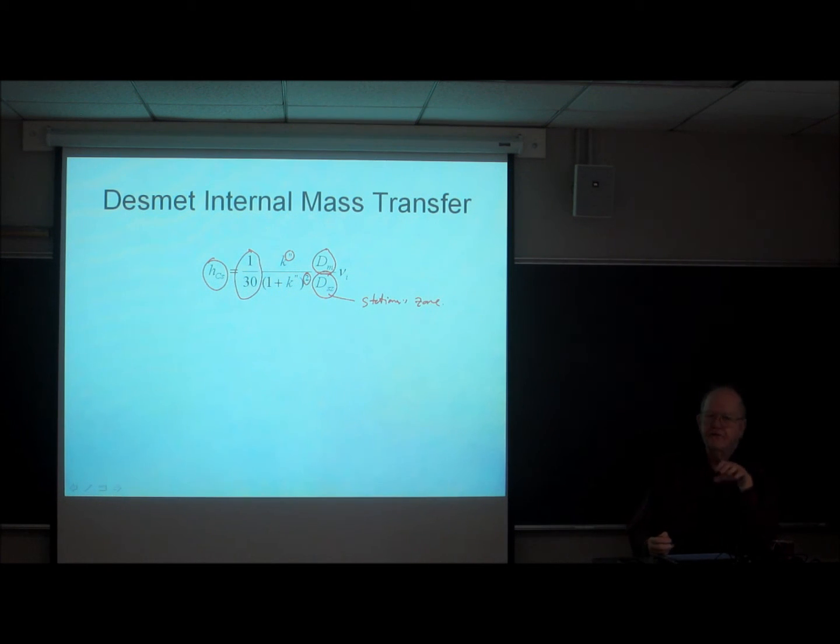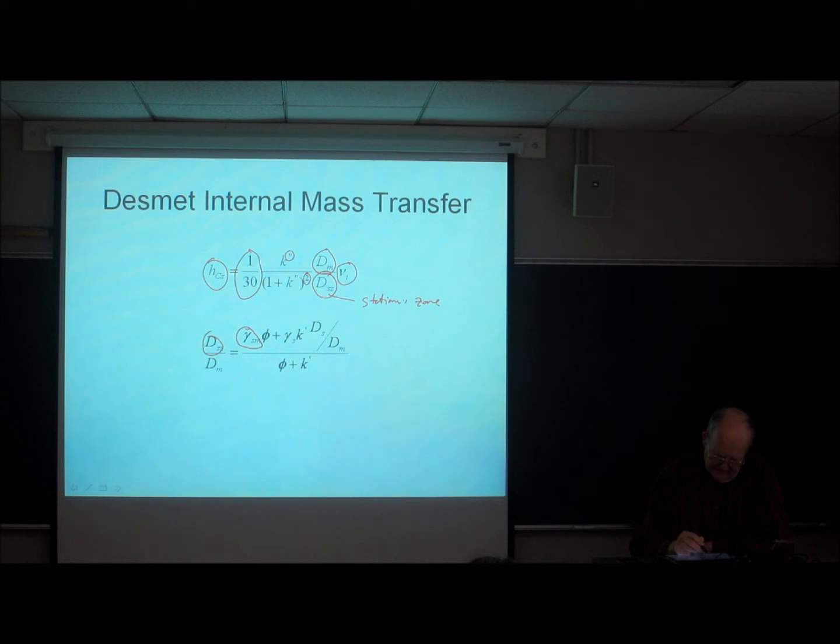And that includes diffusion in the mobile phase that's stagnated inside the particle, as well as the surface diffusion along the surface of the particle, inside the particle. And there's the good old reduced velocity again. Various people have derived the stationary zone diffusion coefficient, and it works out to be this equation.